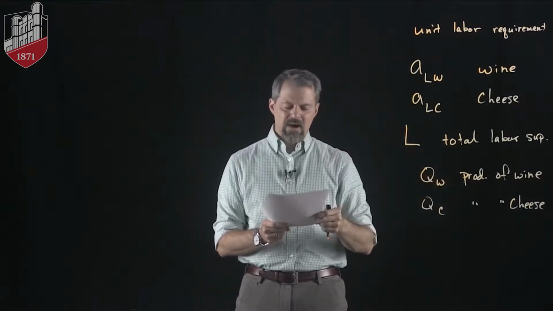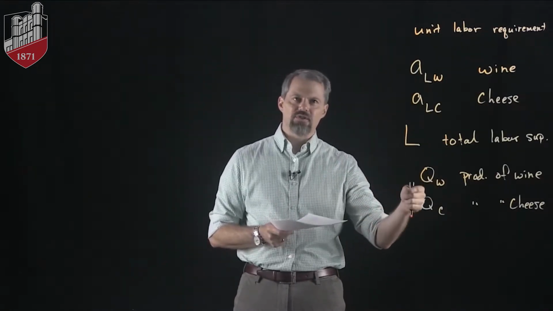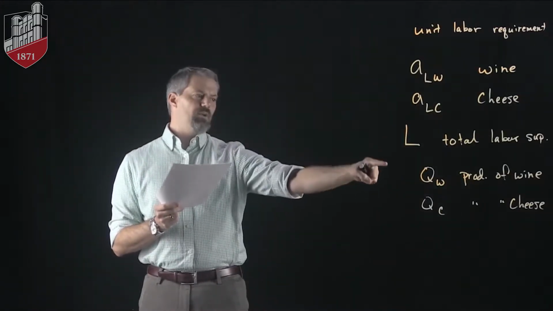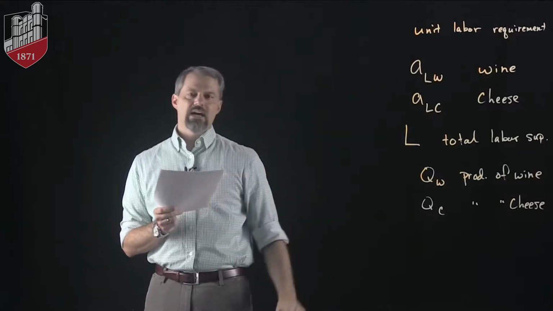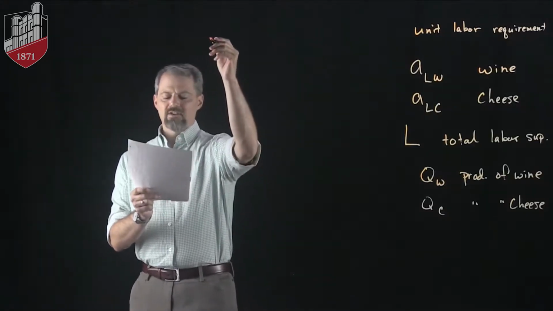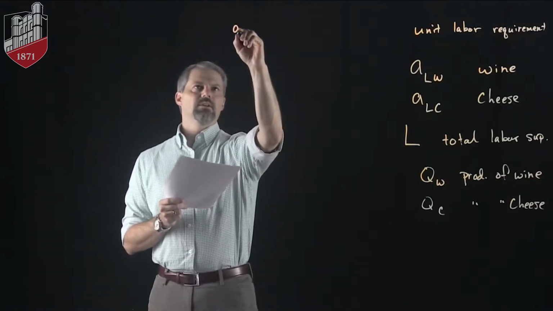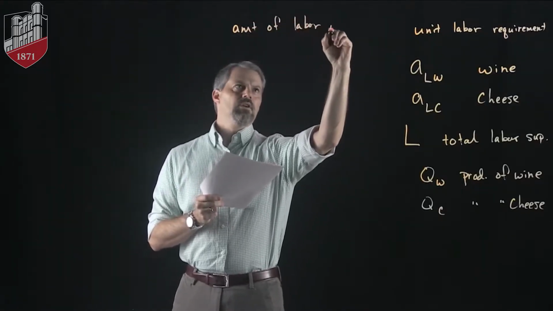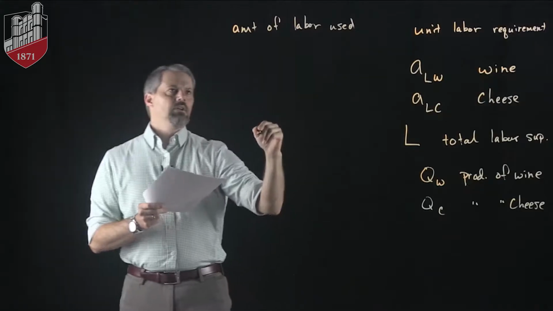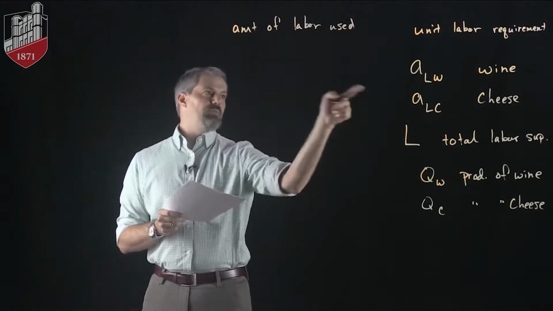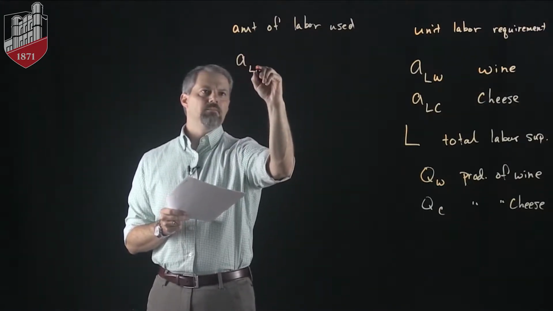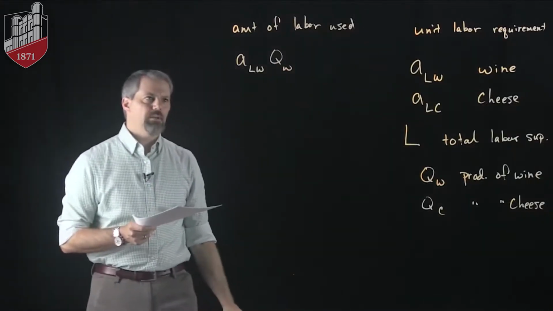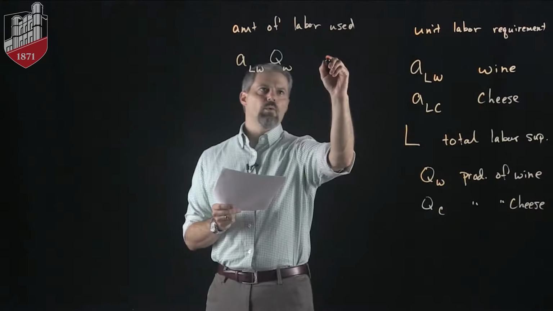If we think about the amount of labor used to produce that wine, it's going to be the unit labor requirement for wine multiplied by Q_W. So the amount of labor used to produce wine is going to be the unit labor requirement multiplied by the number of units of wine produced.